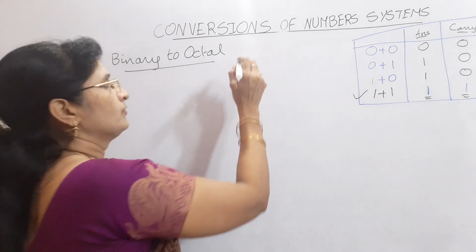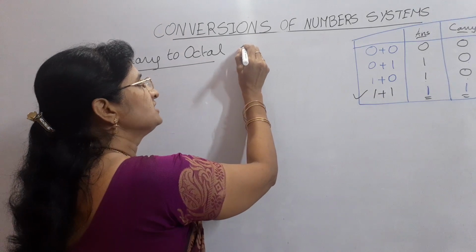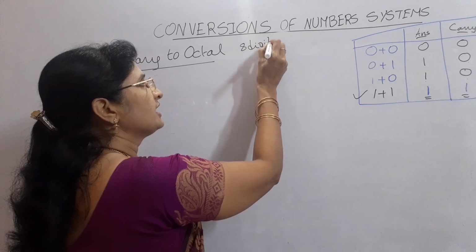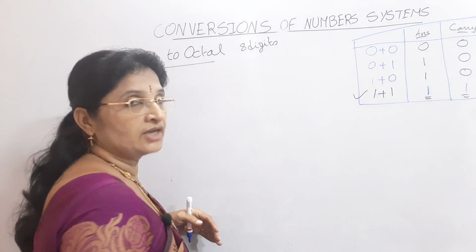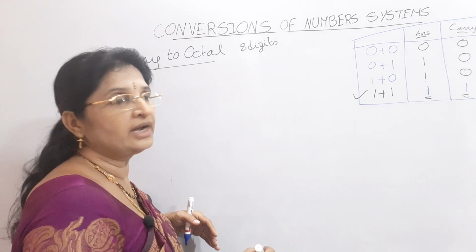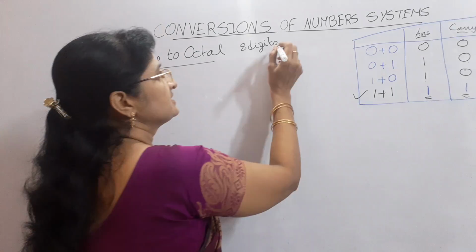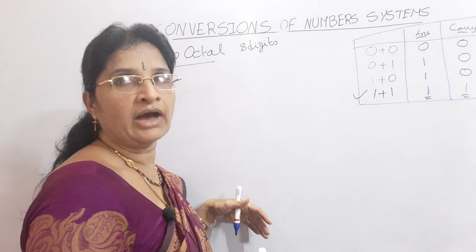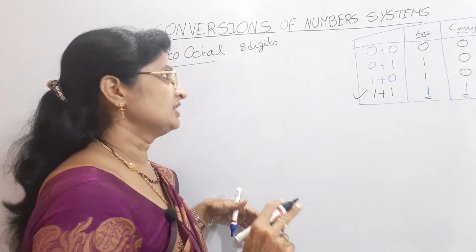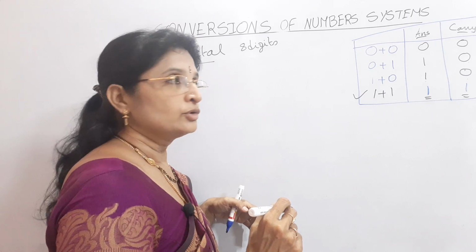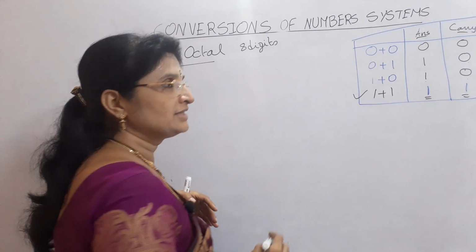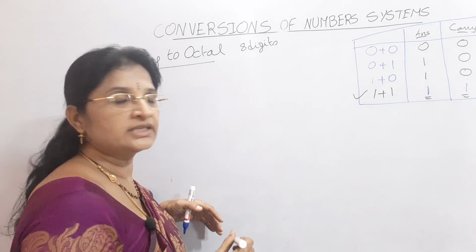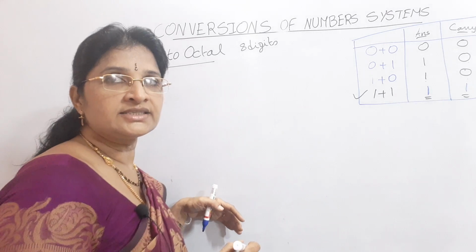Octal means you have how many digits? 8 digits. So how many binary bits are required to represent 8 digits? You have to see power of 2, because in binary we have only 2 digits. So 2 power 0 is 1, 2 power 1 is 2, 2 power 2 is 4, 2 power 3 is 8.